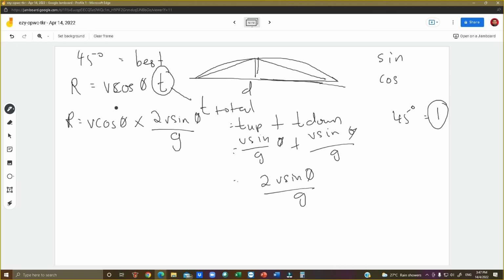Bila kita darab masuk, V 2 kita tak darab dengan apa-apa, tapi V kita boleh darab dengan V. This V dengan this V, you are going to get V square. Lepas tu sin dengan cos, tak edit apa, dia akan jadi sin theta cos theta. It cannot be changed. Tak boleh nak mudahkan lagi dah, over G. Okay, ni yang pertama.